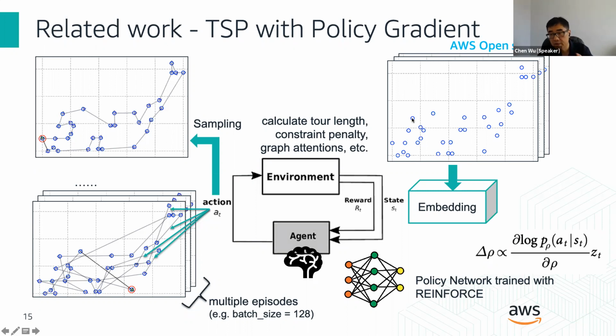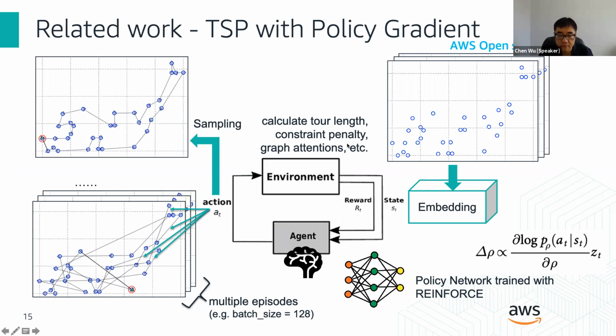These nodes originally have 2D coordinates, but you can learn an embedding in a hidden, high dimensional space, and with this embedding, you can allow the agent to take actions. And in order to get some reward, in this case, the reward is essentially the tour length or the cost associated with the tour, and various constraints or penalties.